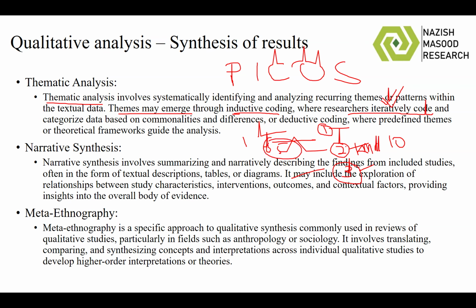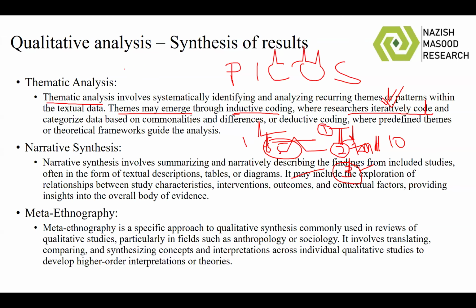So I will merge all of them together in a theme called Kangaroo Mother Care. Similarly, some of the codes that I might develop, and this is an arbitrary process. As you understand, as you're going through primary studies, it is the right of the researcher to think about what code they want to give and what theme they want to develop.